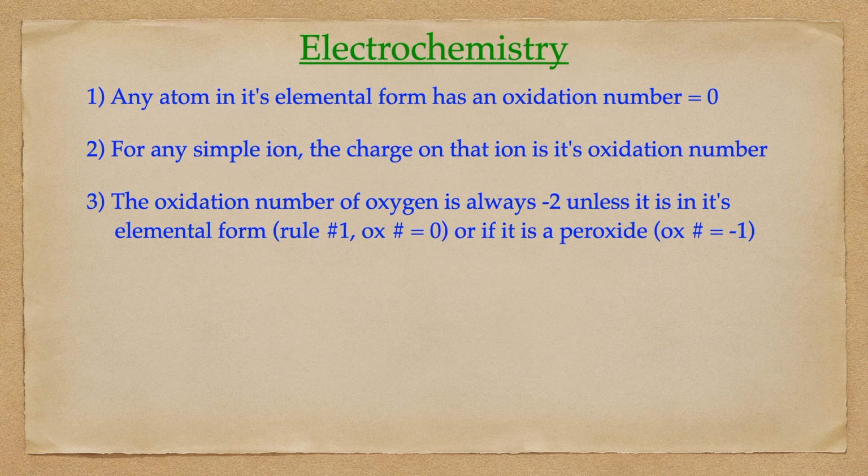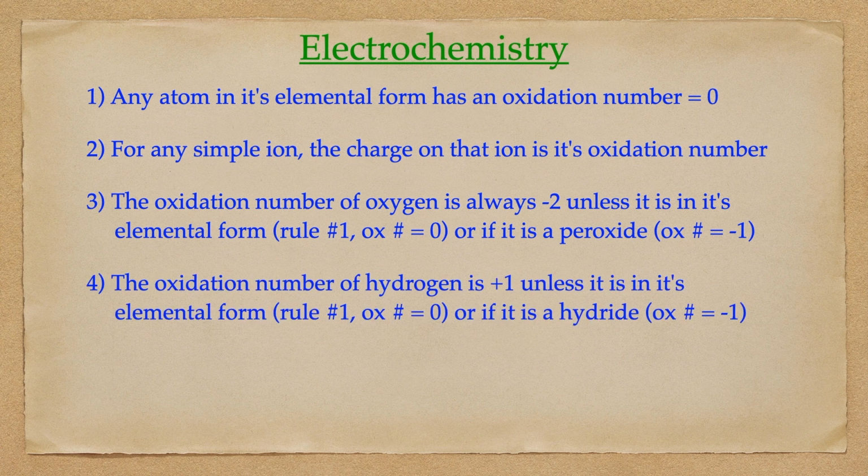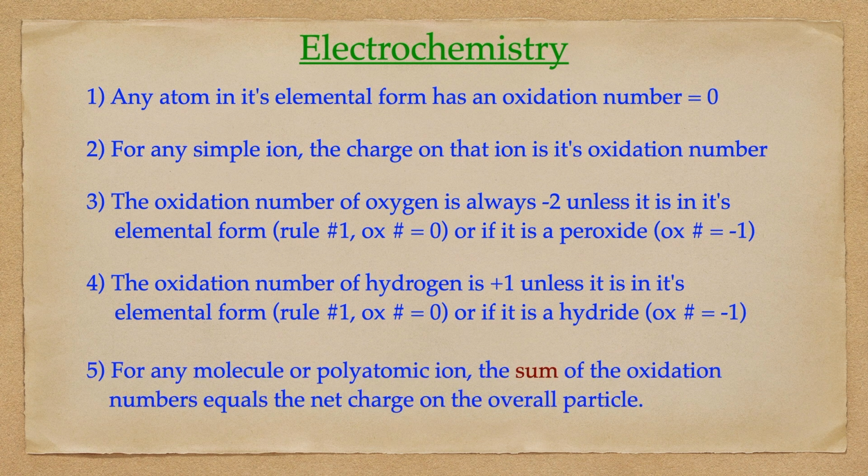The oxidation number for hydrogen is always a plus 1 unless it's in its elemental form, 0, or is a hydride, negative 1. For any molecule or polyatomic ion, the sum of the oxidation numbers for all the atoms in that species equals the net charge on the overall particle.